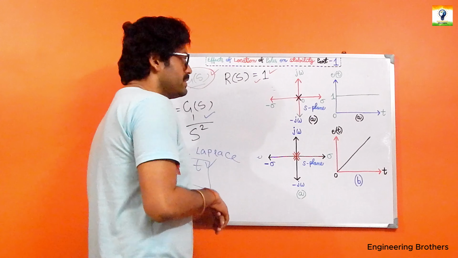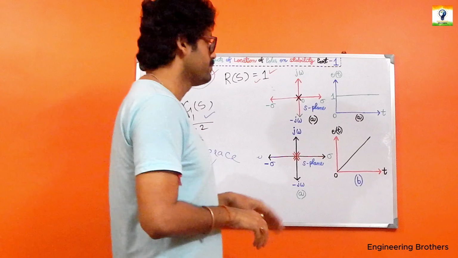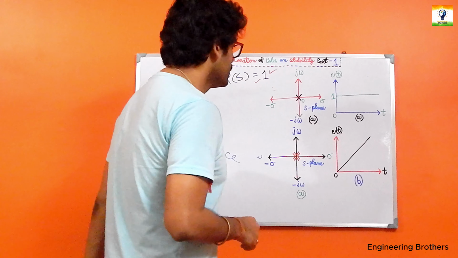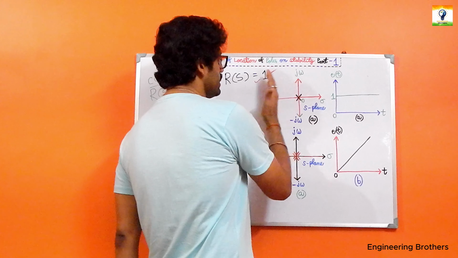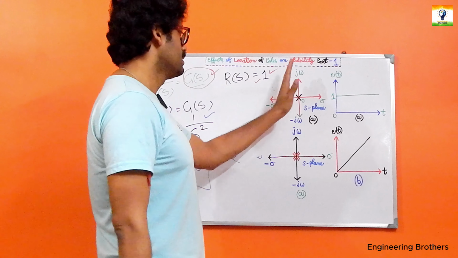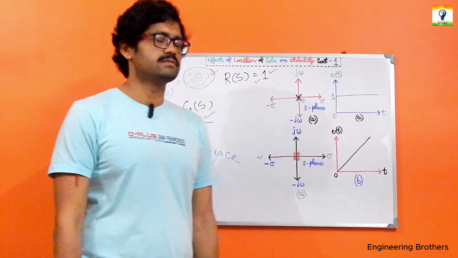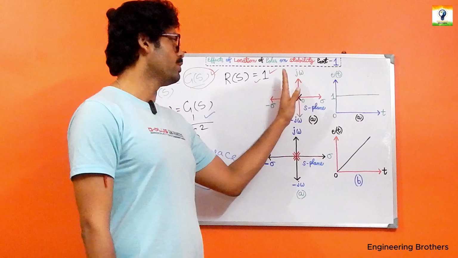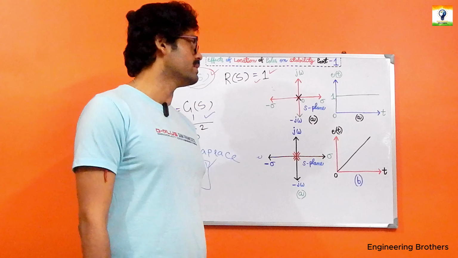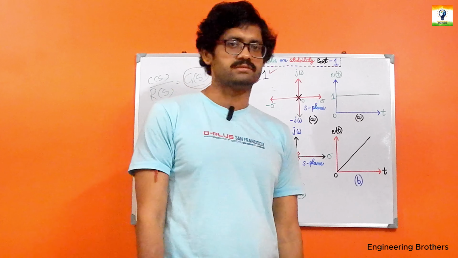How do we define stability according to the S-plane? If the poles are placed at the left hand side, we can say that the system is stable. If the pole is placed at the right hand side of the S-plane, the system is unstable.